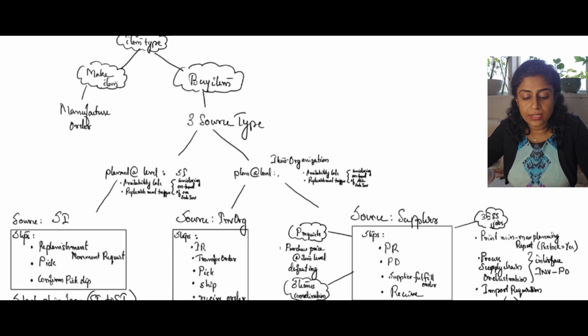The inventory users then perform the picking and confirm the transfer, ensuring the stock levels are restored at the sub-inventory level. In short, the buy item replenishment can come from either a supplier, another organization, or another sub-inventory. This gives the flexibility to match both external procurement and internal transfer needs.